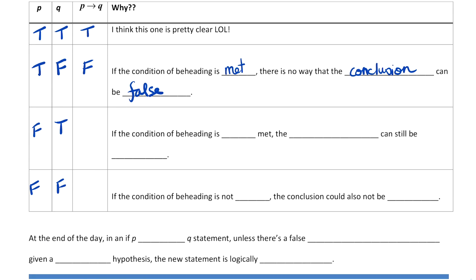All right. Now, what if we have a false hypothesis of the conditional? Well, if the statement Shannon is beheaded is false, couldn't Shannon still die? What if Shannon got hit by a car, or fell off the Mist Trail when she was hiking in Yosemite, right?